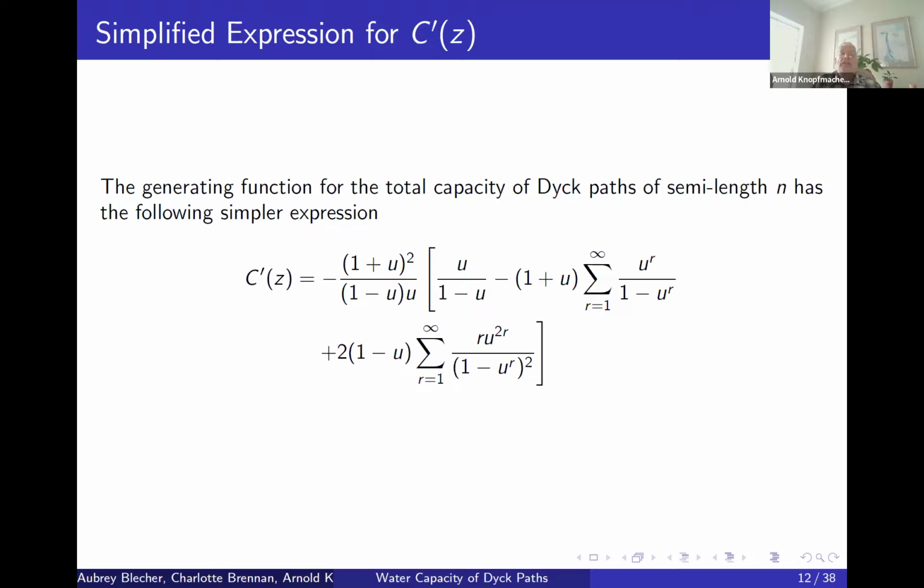As you can see now, the functions are a lot simpler. They do involve rational functions, but of a fairly simple type, like u to the r over 1 minus u to the r. And in fact, series of this type are actually given the name Lambert series.